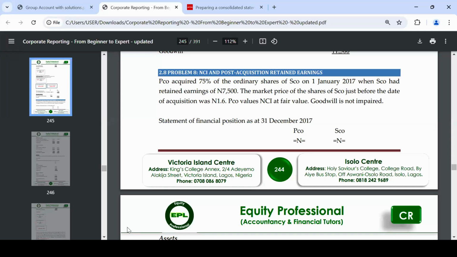So that profit should not be part of the consolidation. We're going to have to cancel it out, and we're going to look at that as well as other adjustments that are very necessary.